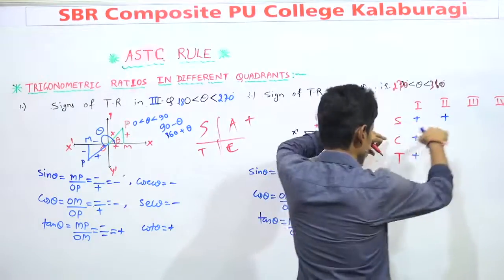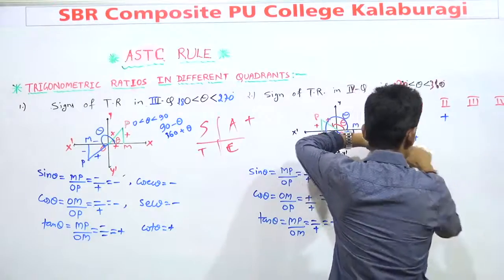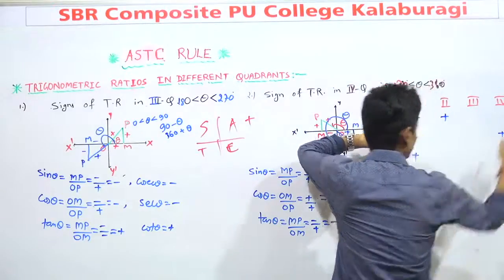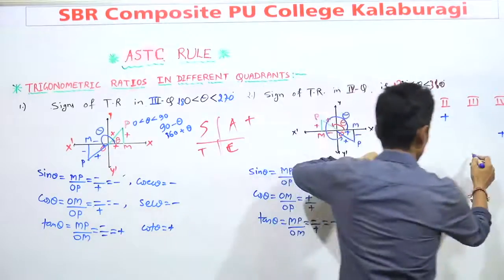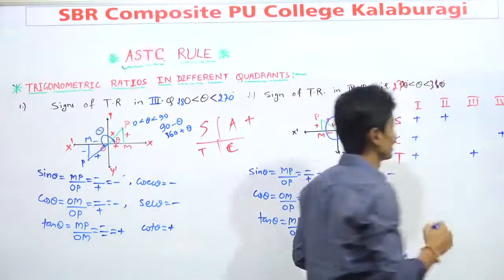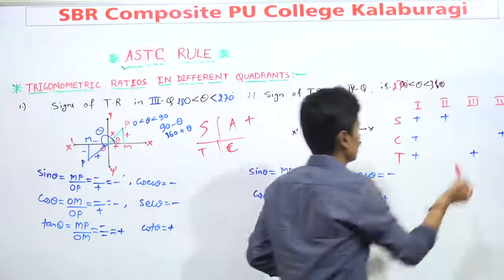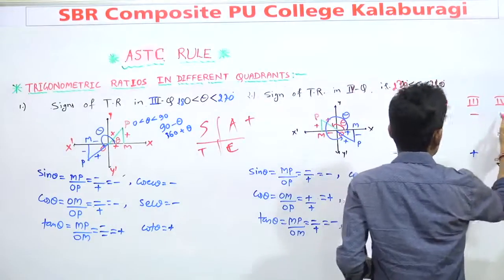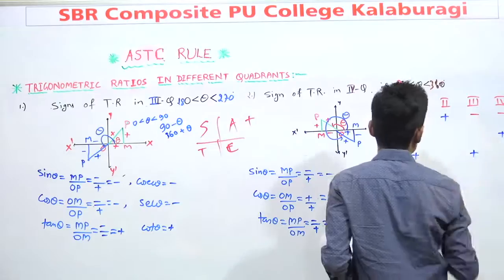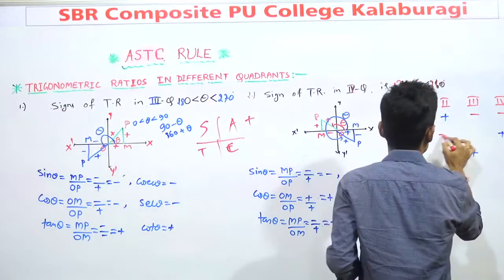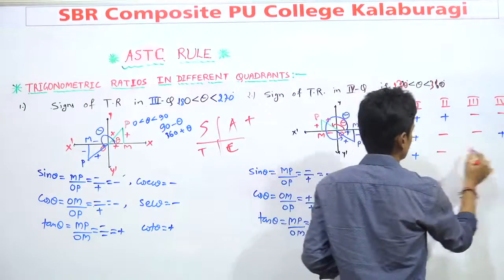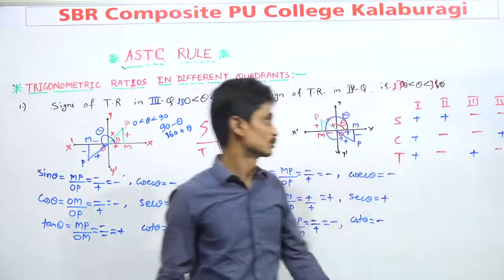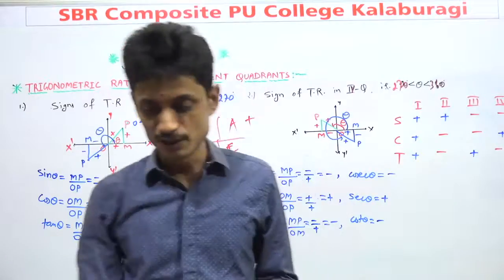In the fourth quadrant, cos will be positive and the reciprocal secant is positive. Tan will be positive in the third quadrant, similarly cot. And in the remaining quadrants the remaining ratios will be negative, like sine is negative in the third and fourth, cos is negative in the second and third, and tan is negative in the second as well as the fourth. This is our ASTC rule.